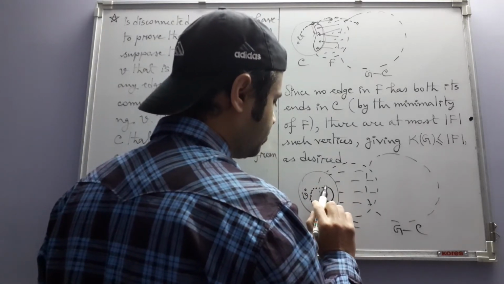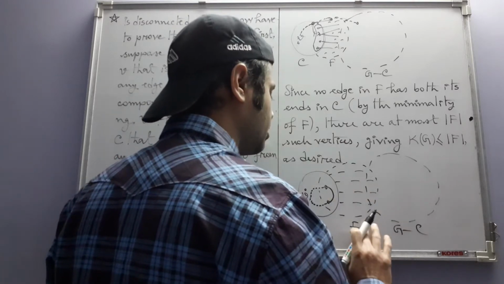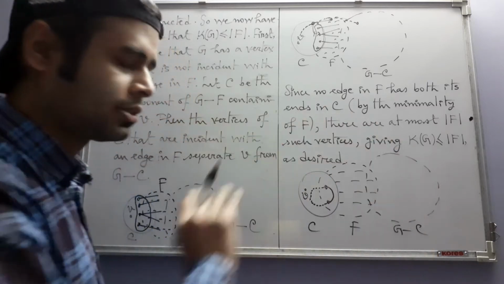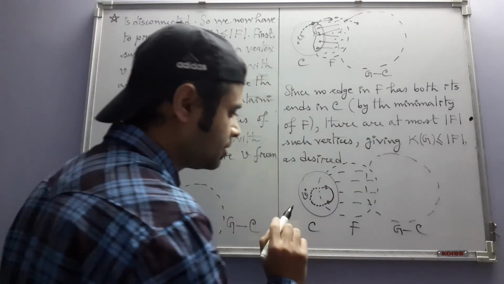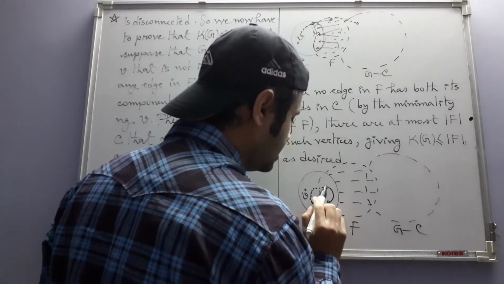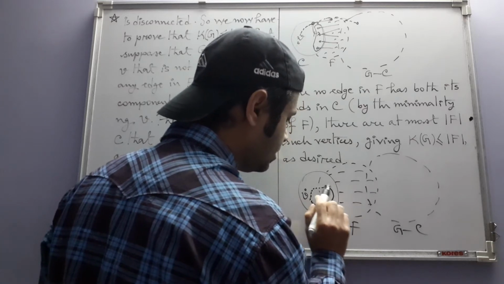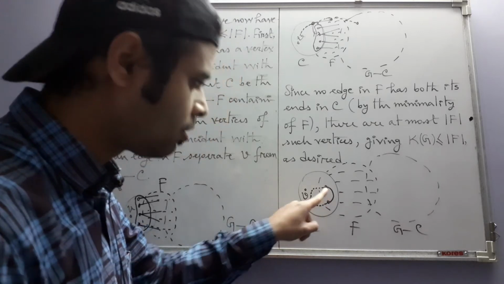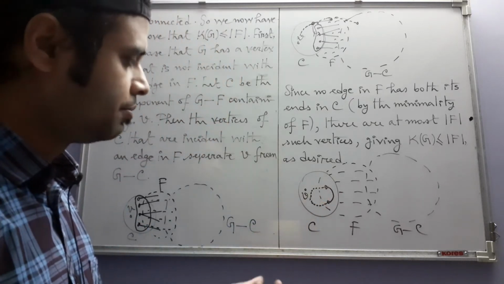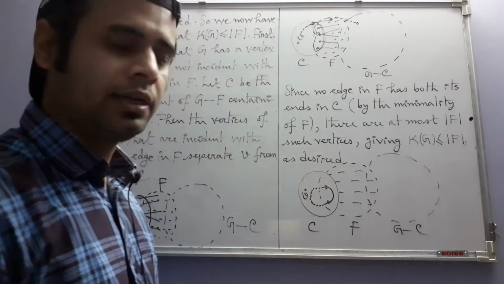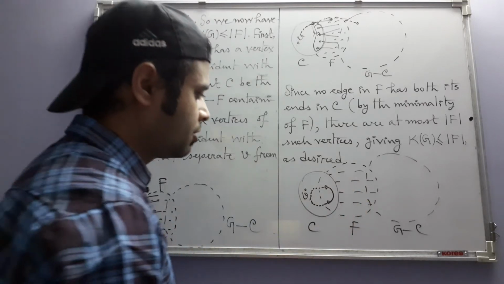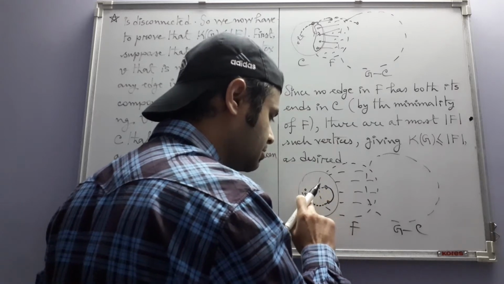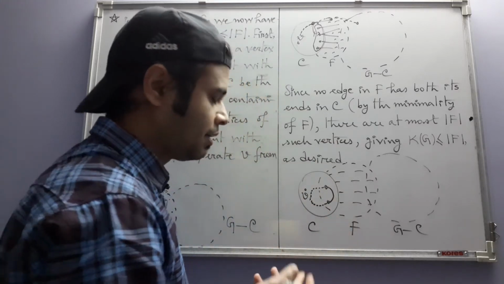Say, the original F is a set of edges whose removal disconnects the graph. Now because this edge lies in a cycle, its removal or its non-removal does not affect anything, because the connection that we have between these two vertices, which is here, is not being affected.